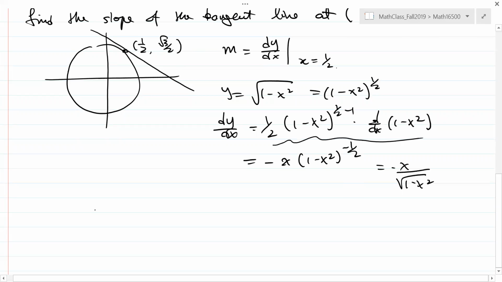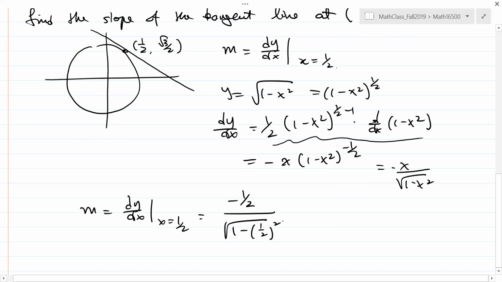So now the slope is going to be the value of the derivative when x equals 1/2. So be careful to express it. Okay, simplify it. So you will get negative 1 over 2 here, and the square root of 3 over 4. So you can take 2 out.